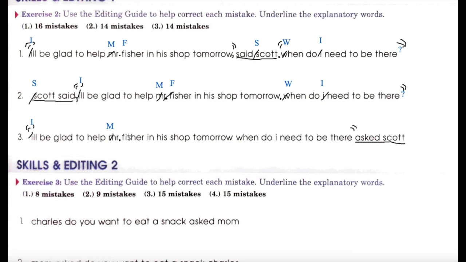Put a period between Mr. and Fisher, just like before. I'll be glad to help Mr. Fisher in his shop tomorrow. Put a period at the end of your sentence. Capitalize the first word of the next sentence. When do I, capitalize the word I, need to be there? Question, question mark.